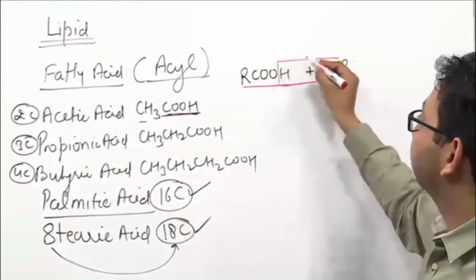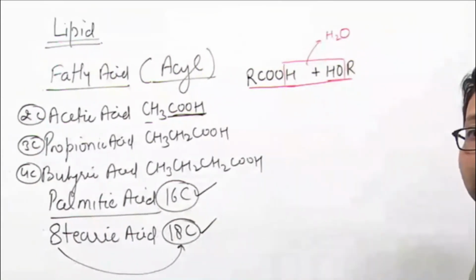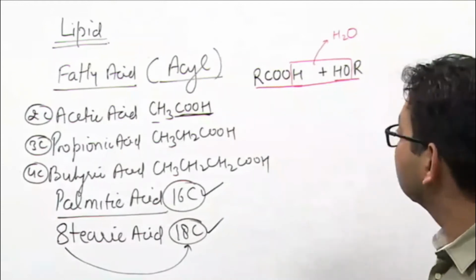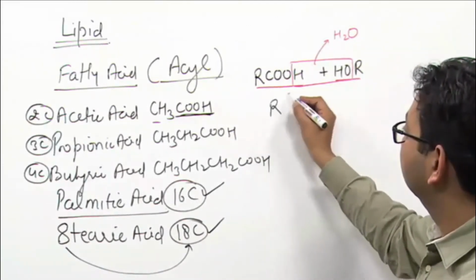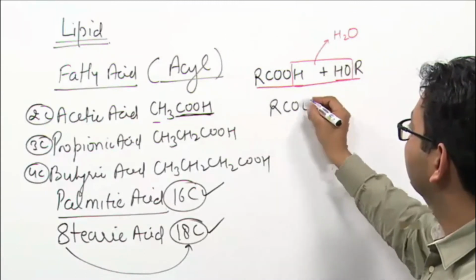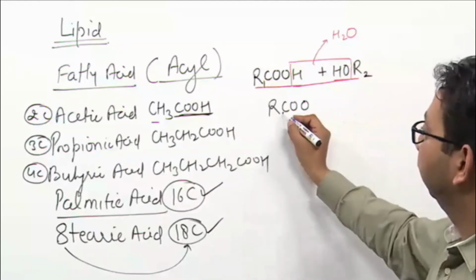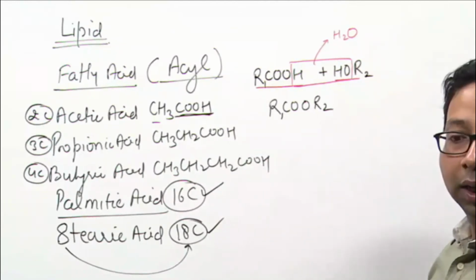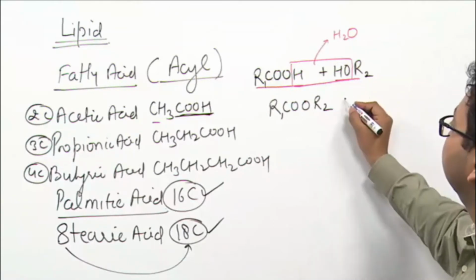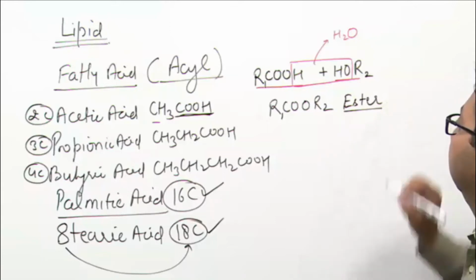If acid binds with alcohol, H2O is released and it will form R1COOR2, where R1 and R2 are used to differentiate the two groups. This bond is called an ester bond.